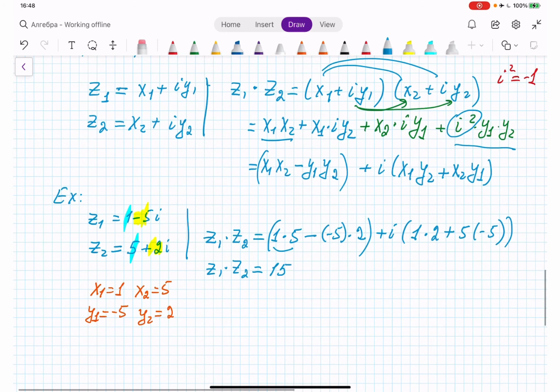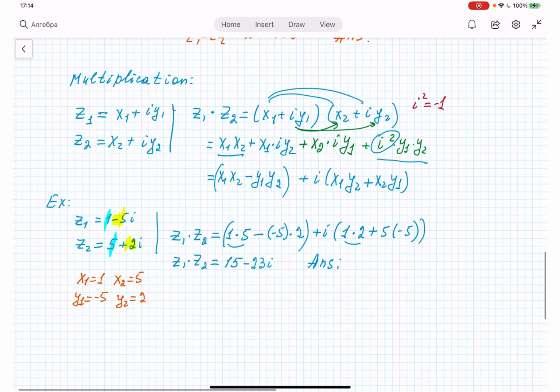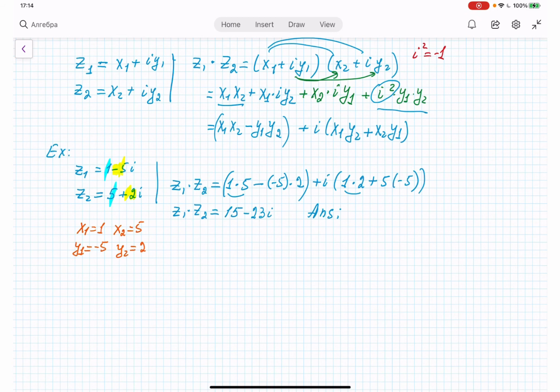Next, 1 times 2 is 2, and 5 times -5 is -25. Negative 25 plus 2 is negative 23. So we get minus 23i. And this is going to be the answer for multiplication.